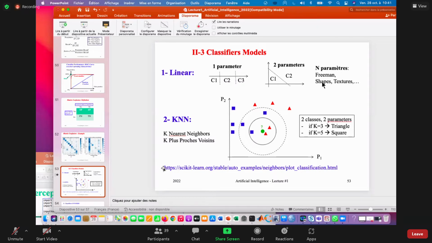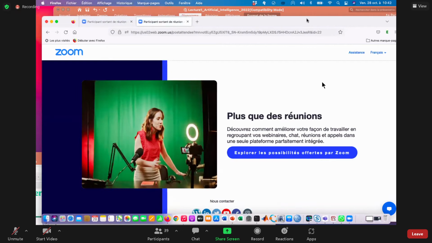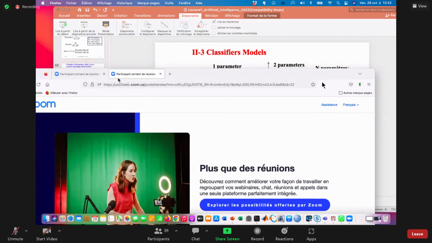Okay, just to show you something here. We have a library in Python, as I explained before. So you can find some explanation about this one. I have to go here, okay, maybe if I can go here.